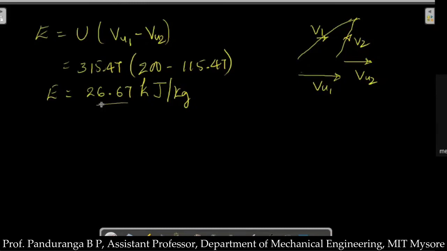So it is 26.67 kilojoule per kg, and the sign here is positive. Since we have got a positive value, it means to say that it's a power generating turbo machine.